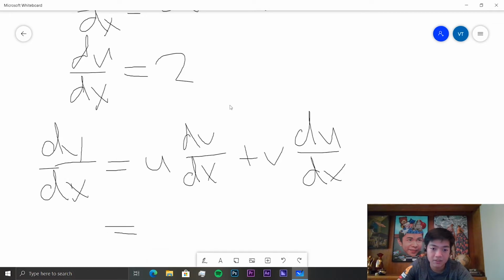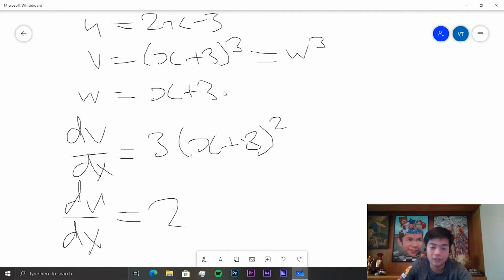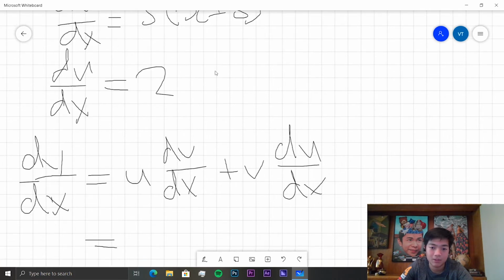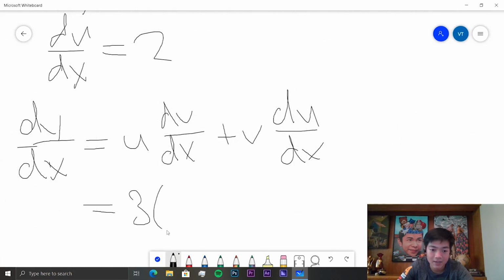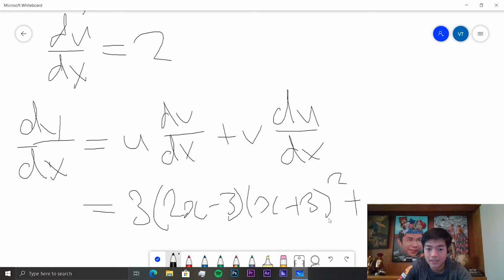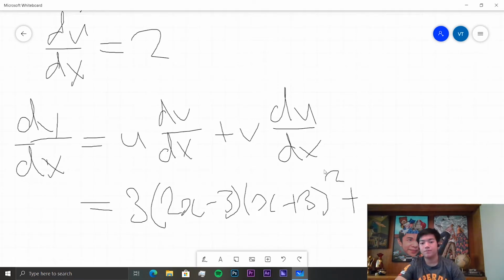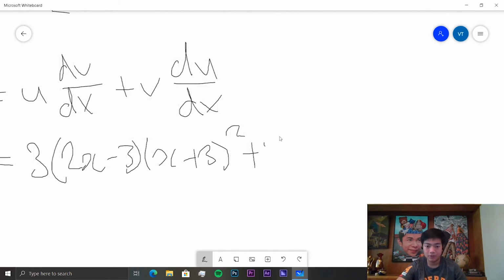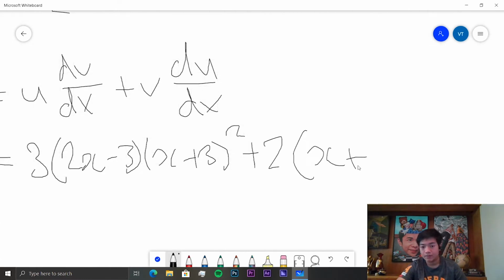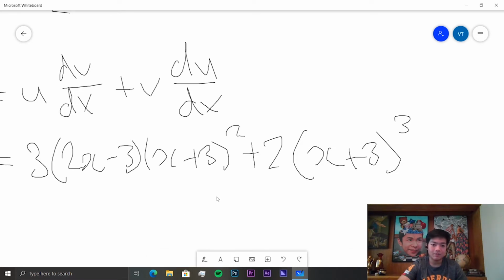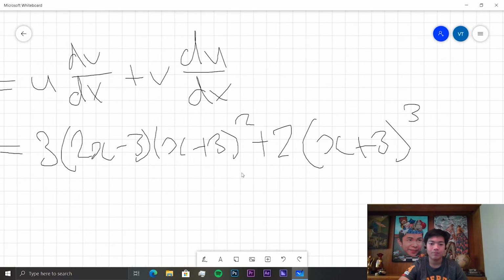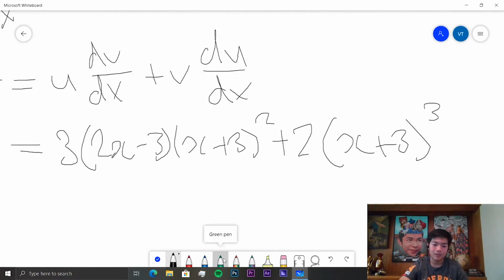So u is 2x minus 3 times 3 times x plus 3 squared, plus v times du over dx, which is x plus 3 cubed times 2. So this is our final answer. Again, you could simplify it, but I don't think that's the focus right now, so we're going to ignore any simplification.